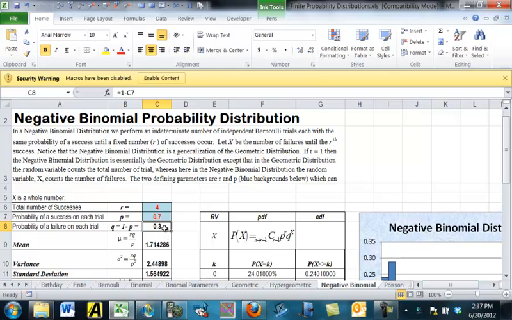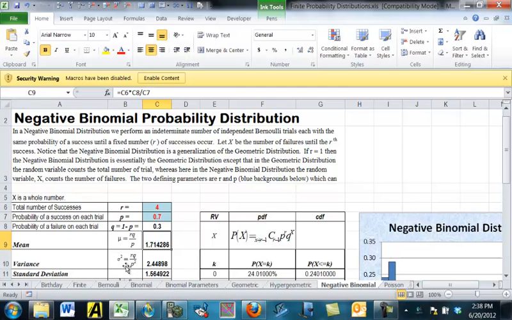It turns out that, without proving this now, I'm just going to tell you what some of the parameters are. The mean turns out to be r times q over p. And of course you can see that I used that formula here. I did C6, which is r, times C8, which is q, and divided by C7, which is p. And so that figures that out.